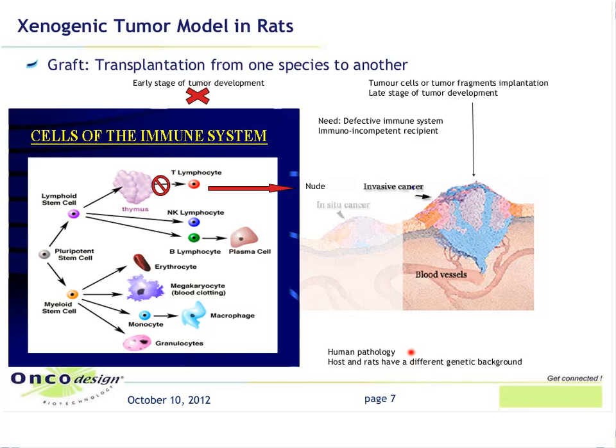For this family of models, the pathology is human. The stromal component of the tumor is rodent. As described, the host is immunoincompetent, and consequently research is not performed in a complete biosystem.